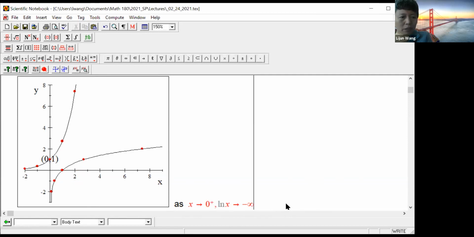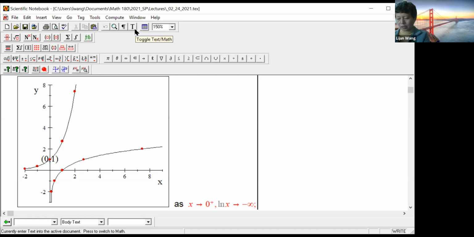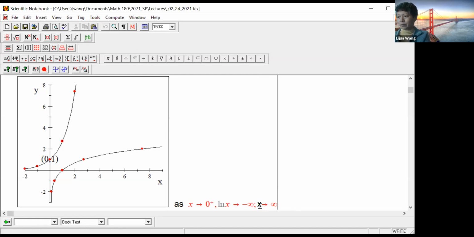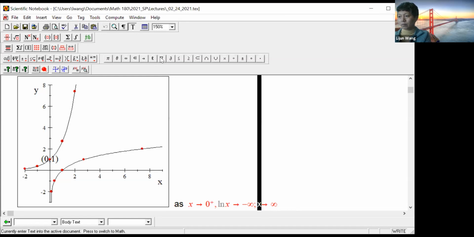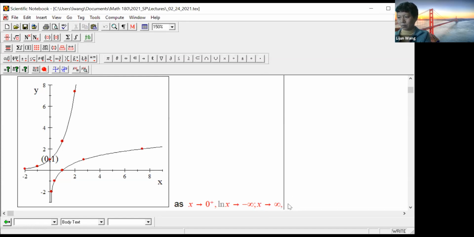So I'm going to copy Cortland's work here. He showed the work on the chat: as x approaches positive infinity, ln x approaches positive infinity. And of course, this is introductory calculus. In calculus class, you're going to learn a lot more other stuff.